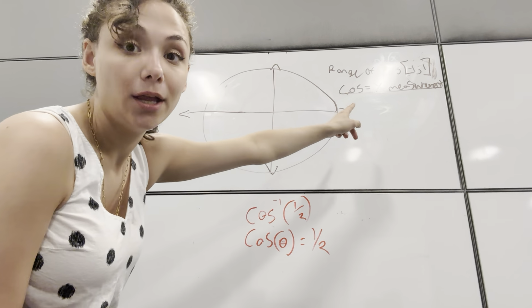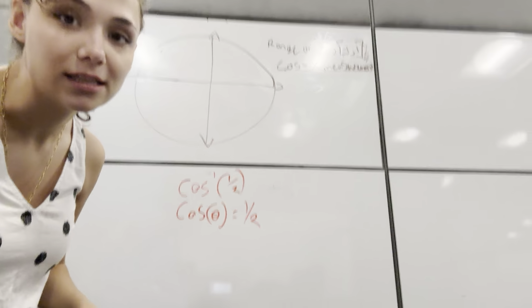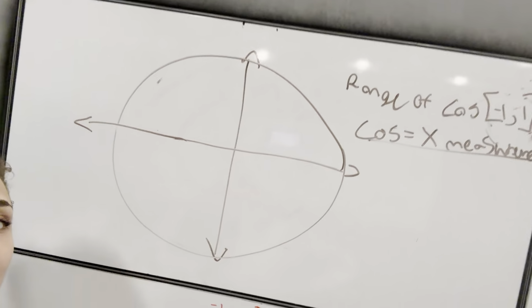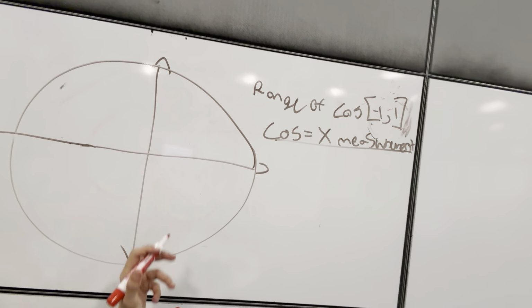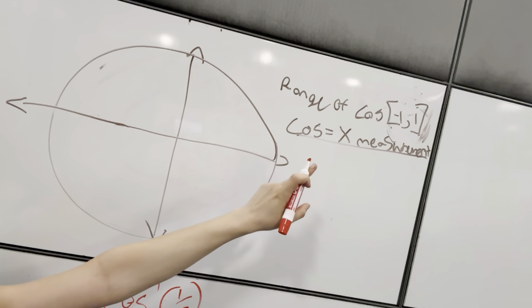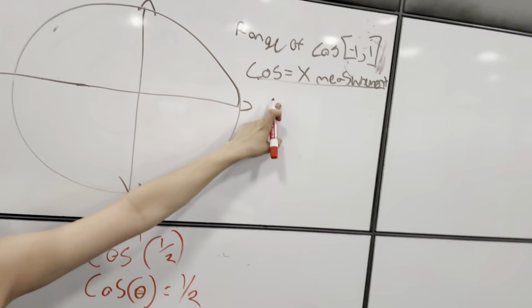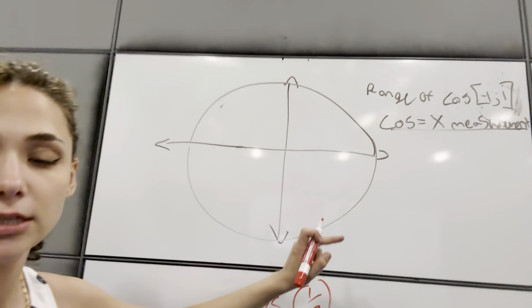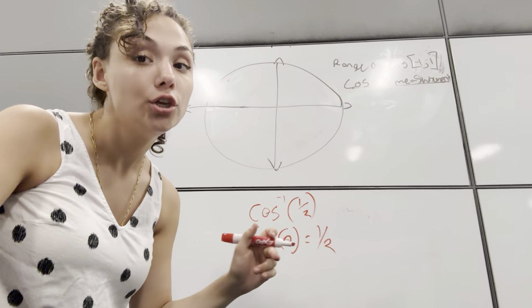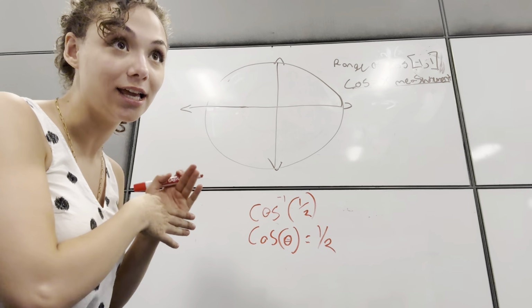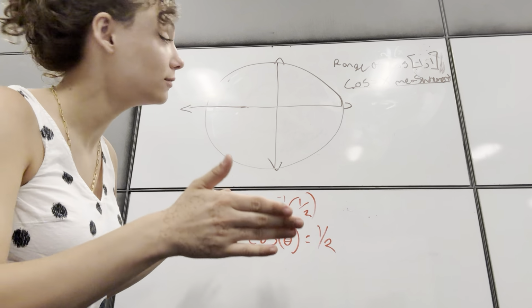As you can see up here, I wrote that the range of cosine is -1 to 1. However, cosine will always represent your x measurement, which means you only worry about where x can vary between -1 and 1.